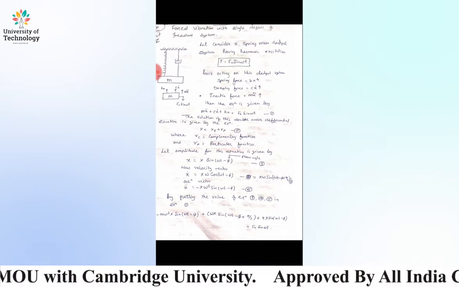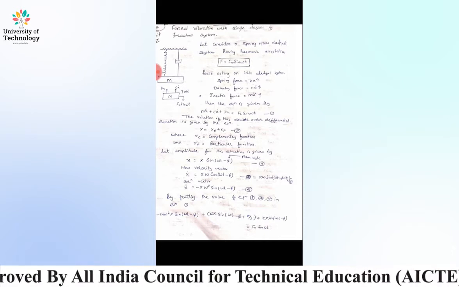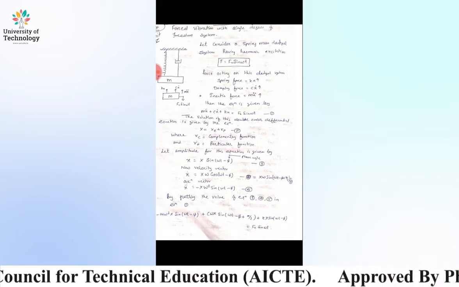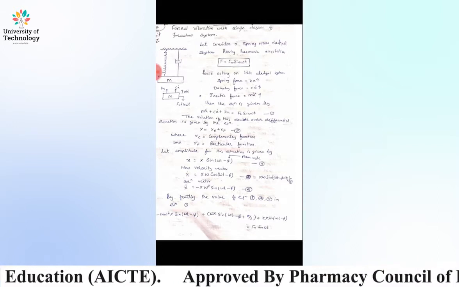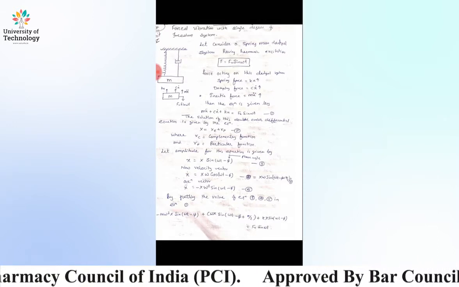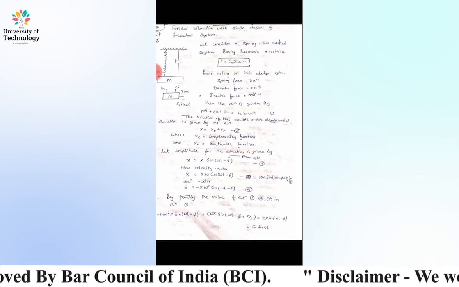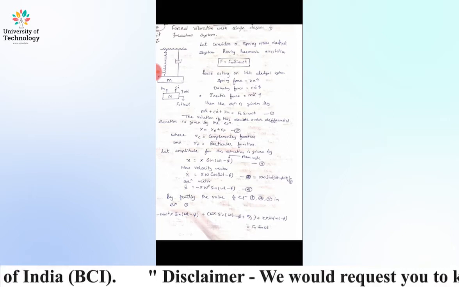Then the equation in case of spring force, damping force and inertia force is given by m x double dot plus c x dot plus k x is equal to F naught sin omega t.